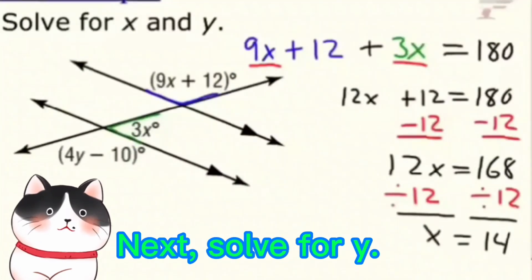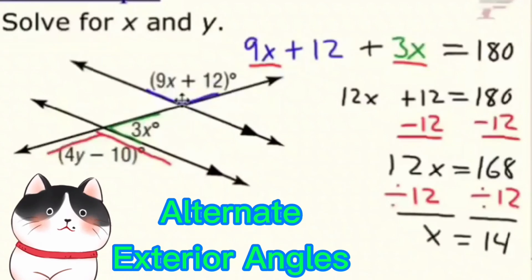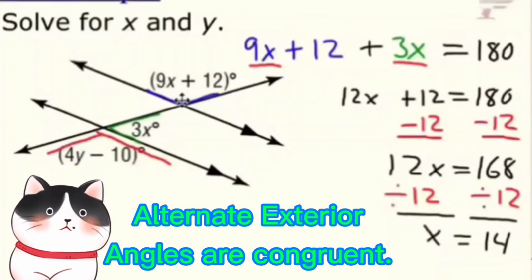So the angle that includes y is this angle down here, this red angle. And I know that that angle, along with the blue angle, are alternate exterior angles. And alternate exterior angles must be congruent.